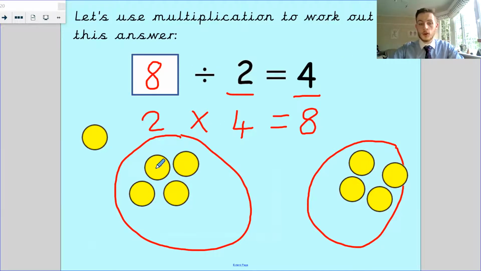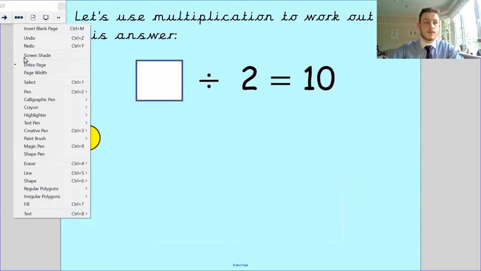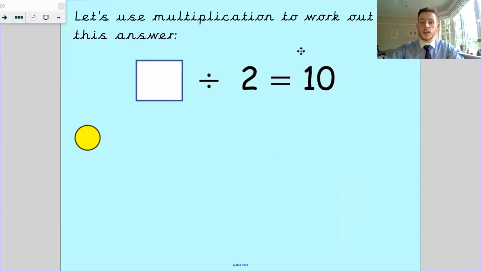So you've got 4 in each group, and you've got 2 groups, and you've got 8 in total. 2 lots of 4 is 8. You can do this with every single division equation.